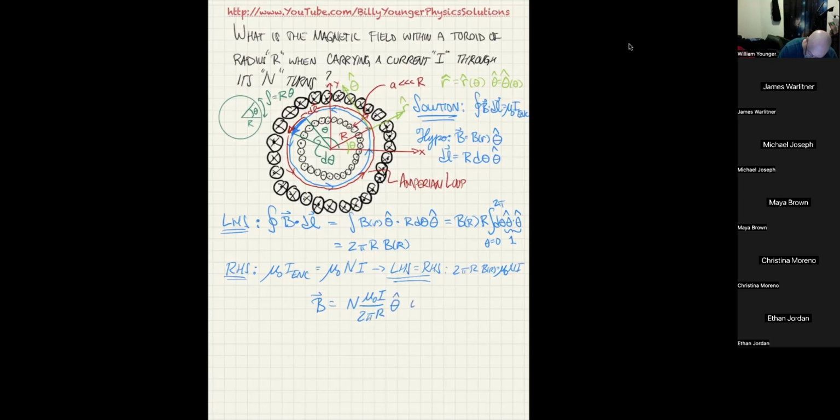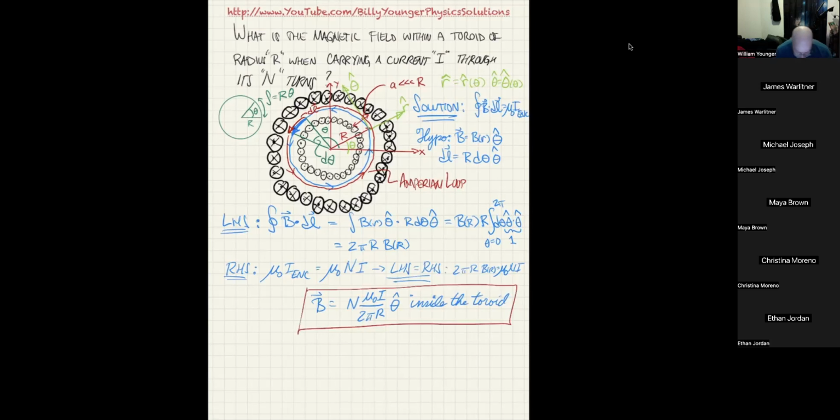And this is inside the toroid. And that's it.